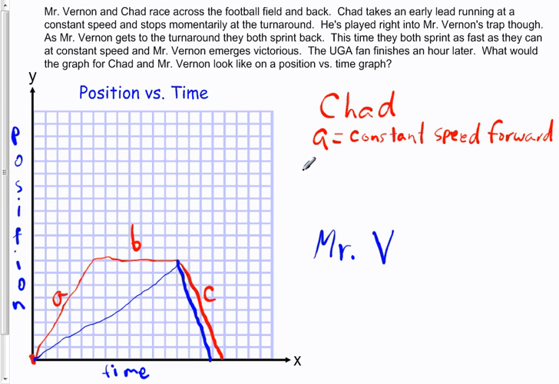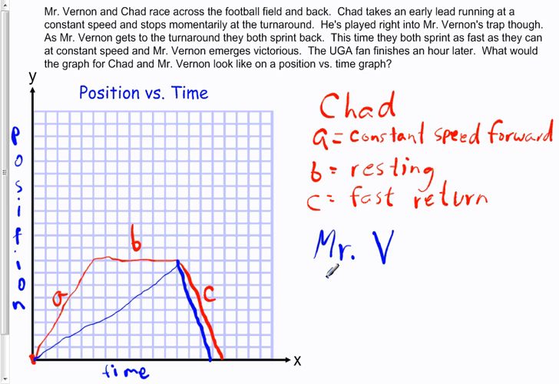At B, he's resting. And C, it's fast return. That represents his position.